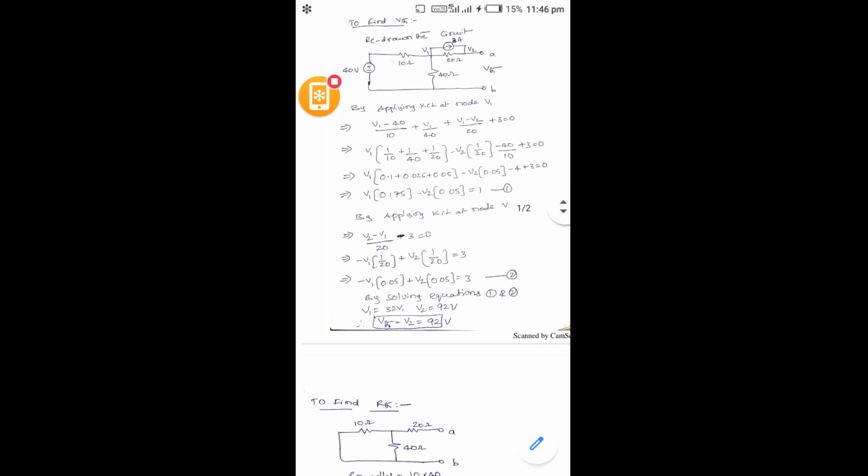The 40 ohms and 10 ohms are connected in parallel. For resistances in parallel, 10 into 40 by 10 plus 40, that is R1 into R2 by R1 plus R2, the value becomes 8 ohms.